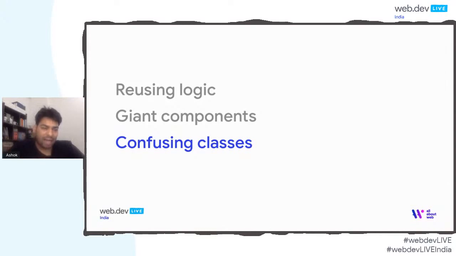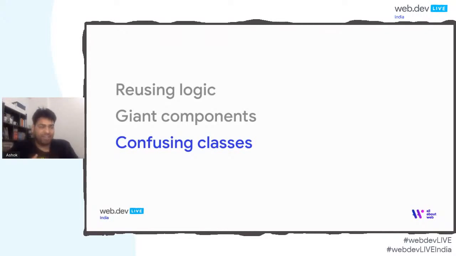Apart from that, I've also seen that developers who use React have some fear about functional components, because they don't know when they need to be using state, or maybe lifecycle hooks.